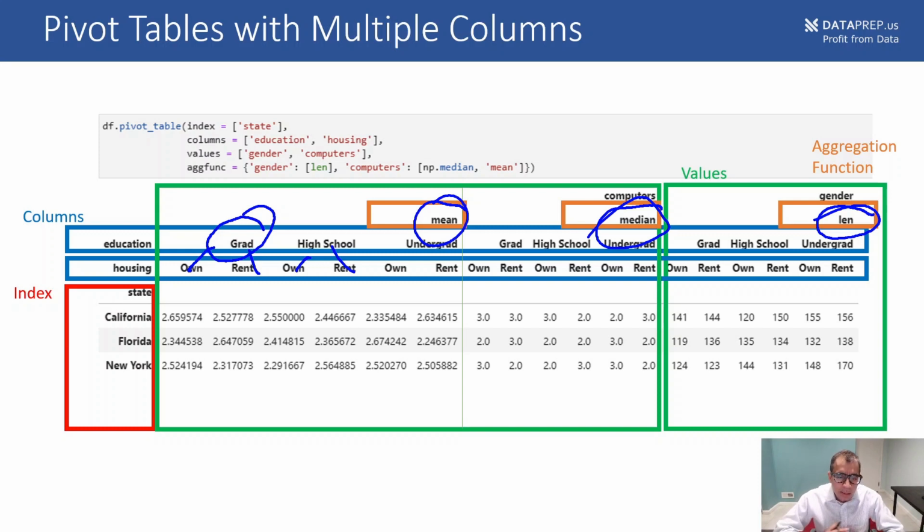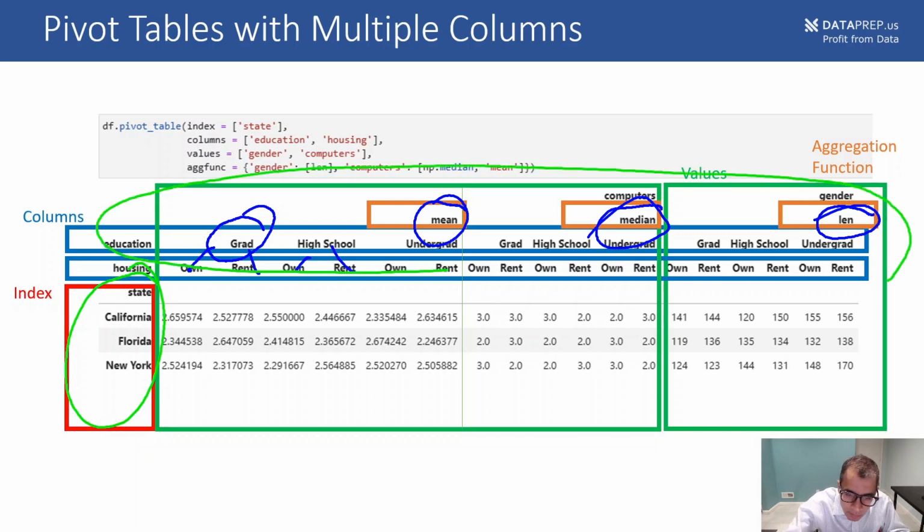What this means is that when we create pivot tables, we have to think carefully about what we choose to show along our index columns and what we want to show along our columns which go across on the top. If we pick a variable which is not categorical or has too many unique values, this list, either on the top or on the left, is going to be extremely large.